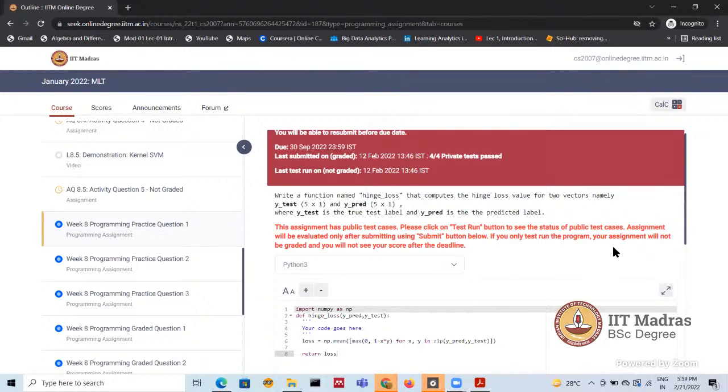Because the hinge formula is max of 0 and 1 minus something, you will get only one value per sample for that loss function. But here, since we are giving you the whole, that is what we thought of taking the mean. Okay, that's okay. Thank you.